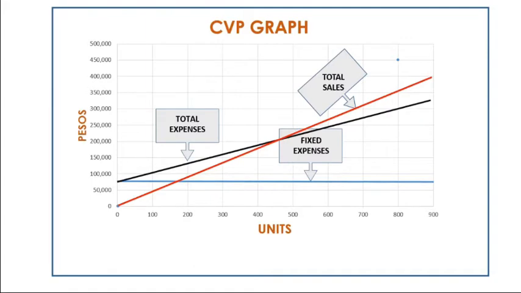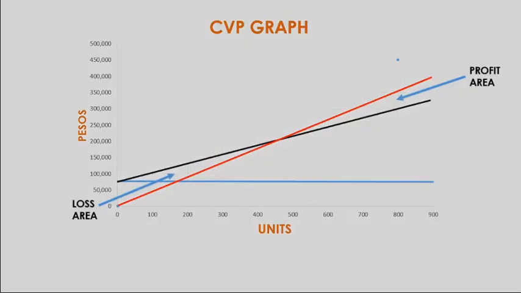Choose some sales volume, say 400 units, and plot the point representing total expenses, fixed and variable. In the case of Fifth Racing Bicycle, break-even is 400 bikes sold or sales revenue of 200,000 pesos. The profit or loss at any given sales level is measured between the total revenue and the total expenses lines, in the profit area or loss area.